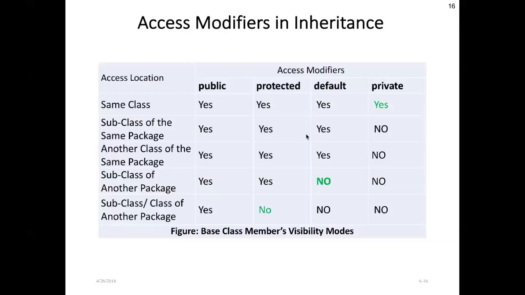If my father has some protected property, then only I will be the immediate subclass in the same family who can access that, and even my child will not get it.